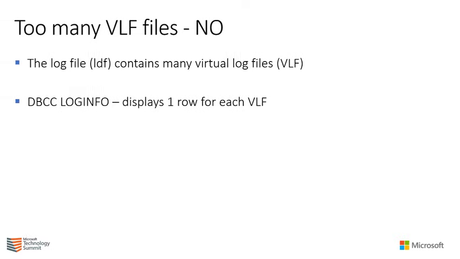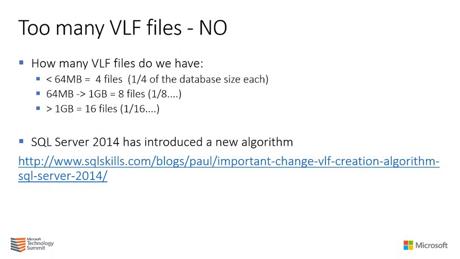Also important information: there is a new algorithm, and you can find how it works for SQL Server 2014 and newer in this blog post. But by default, how many files do we have? If our database is really tiny, like 64 megabytes or less, the log file can have a maximum of 4 virtual files, and it will have 4.